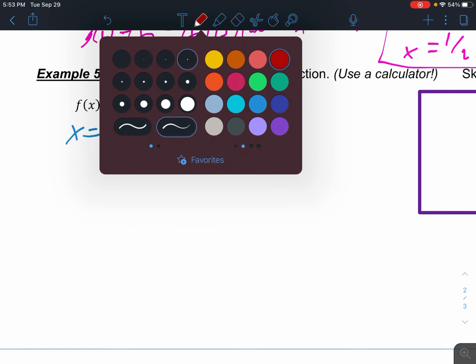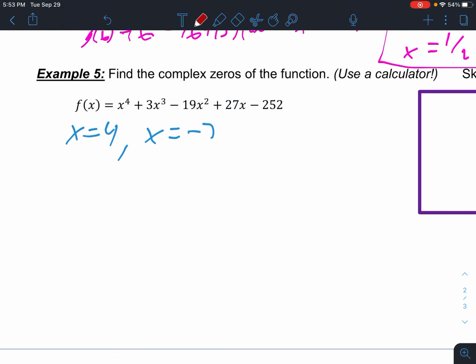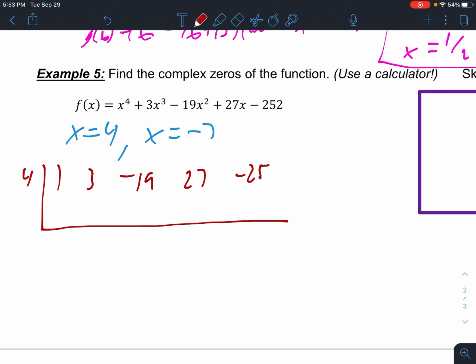Why not use synthetic division on these two and make it a lot easier on ourselves? A lot of ways to do this problem right now, but synthetic's probably the easiest. So we should get 0 for this. If we don't, something's wrong.